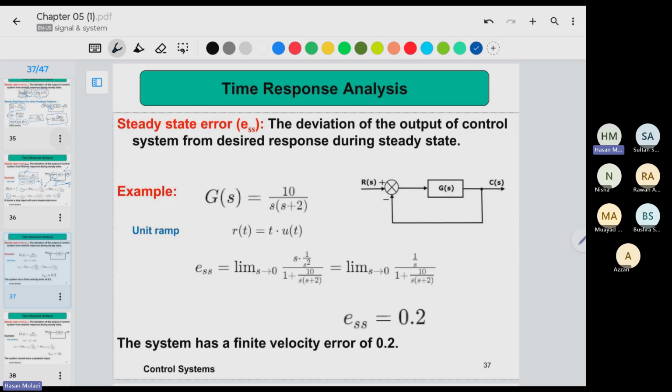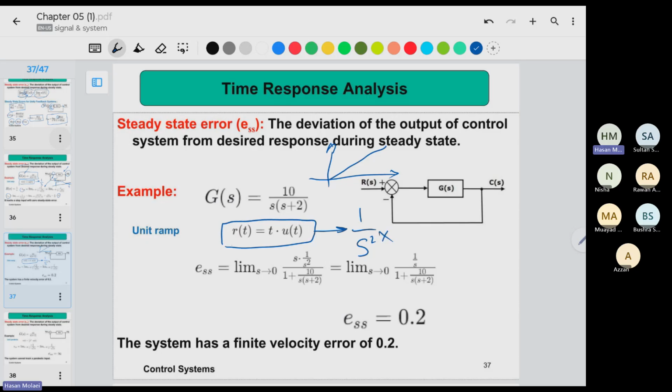Next level, we sometimes want to see how the same system can respond to another type of input, like the ramp, a bit more complex input, where you keep changing the input linearly, right? So the ramp in the s domain is what? 1 over s squared, right? Just one integration of the step.